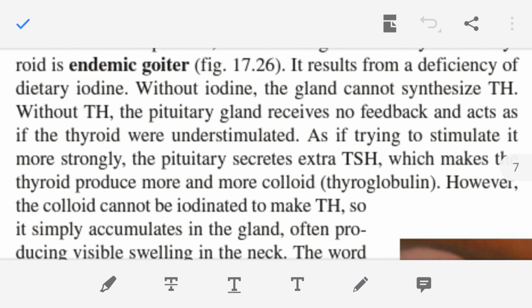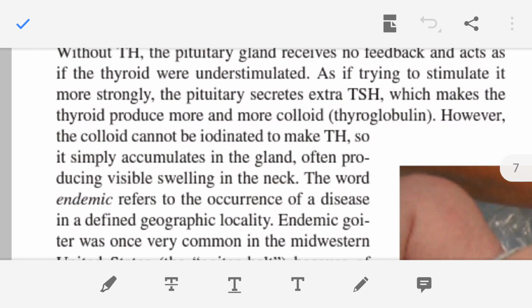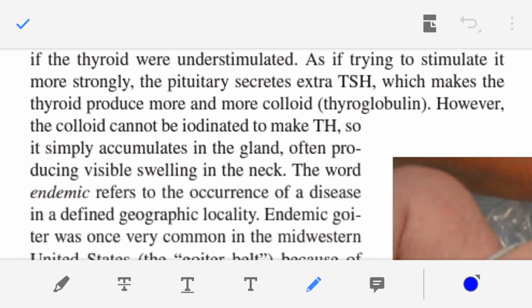Now in the thyroid gland there is an accumulation of colloid, because this thyroglobulin cannot be iodinated. That means the colloid cannot combine with the iodine, and there is no formation of thyroid hormone. So this colloid is accumulated in the thyroid gland.